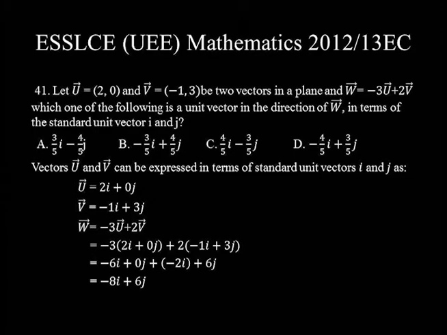The question is not about vector in terms of standard unit vector i and j, but unit vector in the direction of w in terms of standard unit vectors i and j.